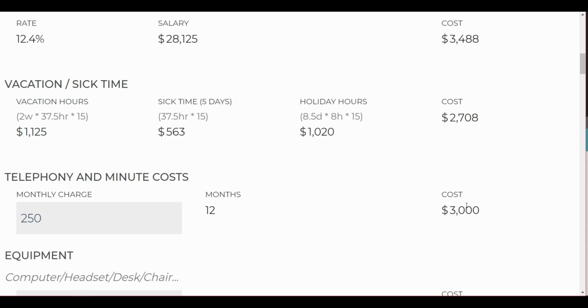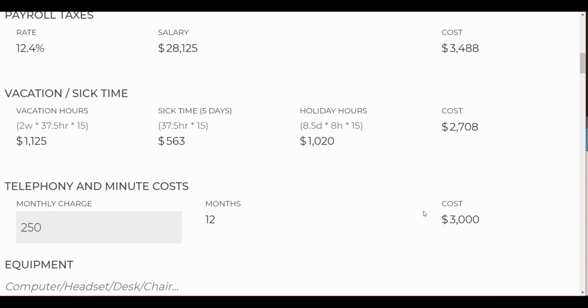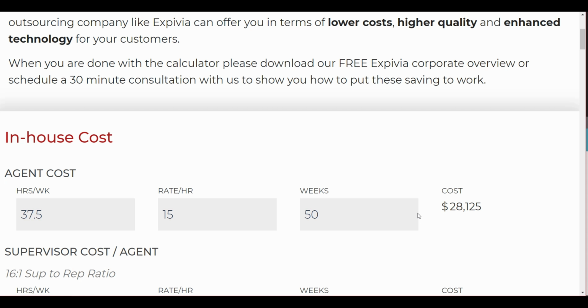Maybe open your eyes a little bit, or at least get you to think outside just what is it costing me per agent in their salary, because there's a lot that goes into it. It's really turned into a real high-tech industry, so you have to make sure that you have all the pieces there to have a well thought out contact center, and you have to make sure that you have this budgeted and you have the finances for it as well.